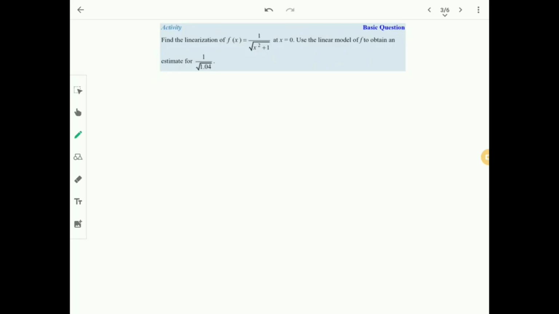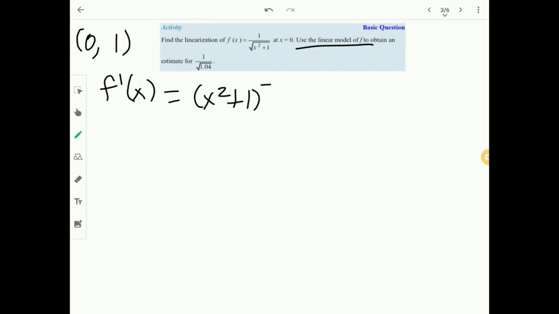Okay, let's check together. First, we have to find the linear model. So we derive this f prime of x, but first obviously we have to find the point. So it's at 0 comma 0 plus 0 1. F prime of x is x squared plus 1 to the minus half.